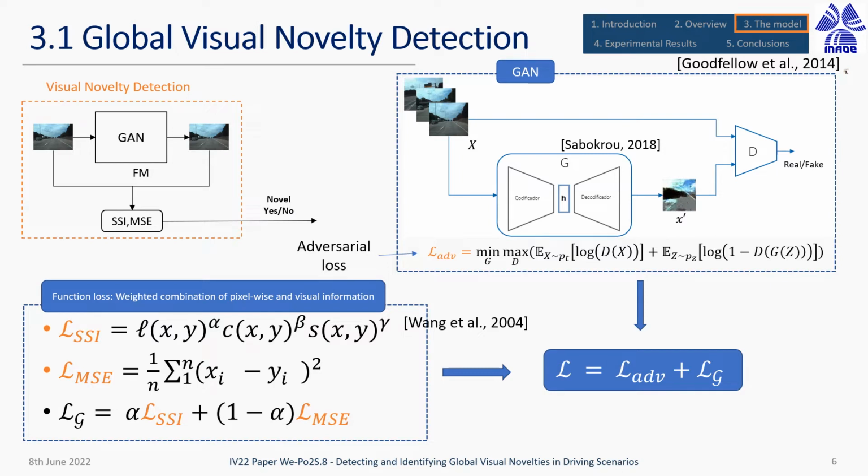Additionally to this loss, we introduce a generator loss that combines visual and pixel-wise information. Visual information is captured by the structural similarity index through the luminance, contrast, and structural components. And pixel-wise information is captured by the mean square error. Thus, the final loss for training the GAN model is computed using the combination of the adversarial loss and the generator loss.